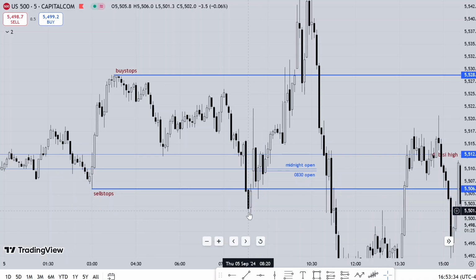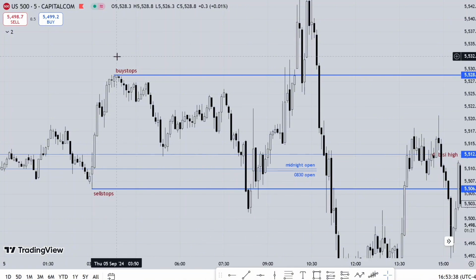I would want you to use the tool by the top left of your TradingView to compare and construct the US 500 and the US 100. If you're using the indices contract, the E-mini contract, you will use the ES and the NASDAQ to check the correlation between these two markets.